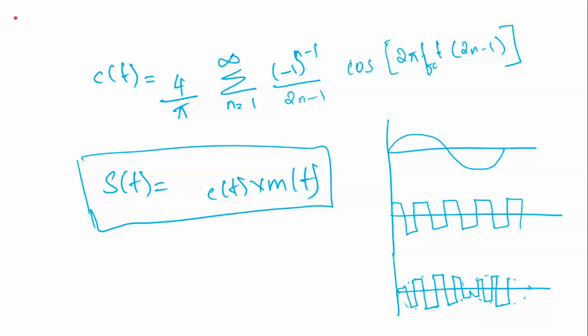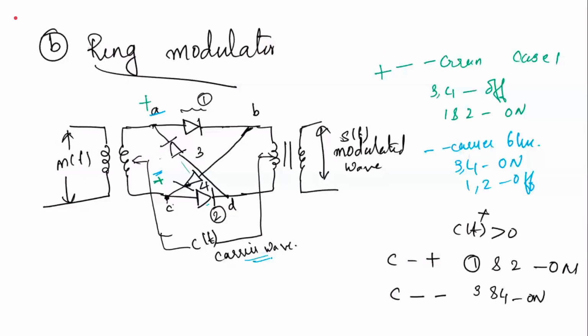Ma'am, where did the c(t) come from again? I did not follow. See, this is the carrier wave. This is just an example of c(t), is it? Yes, the carrier signal you are giving, instead of sine or cos, is a square wave.